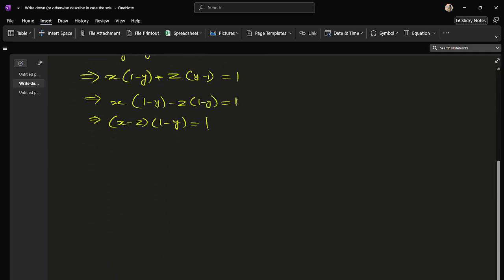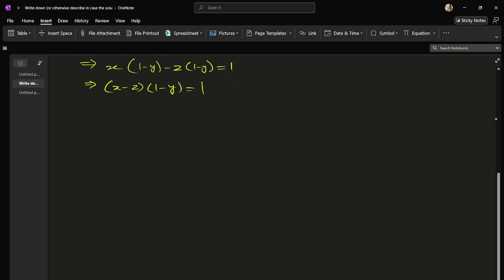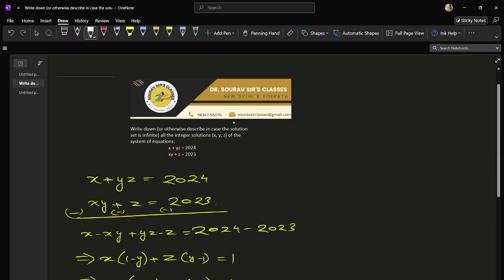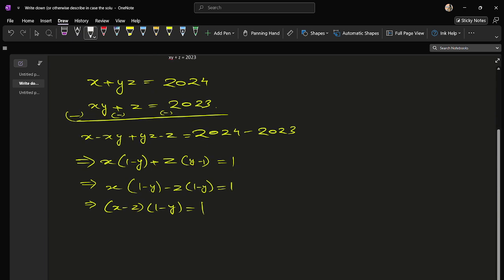So after that, what can be done? Let me change my color. Now only two cases will arise. In the first case, our y minus 1 is equal to 1 and x minus z is equal to 1.